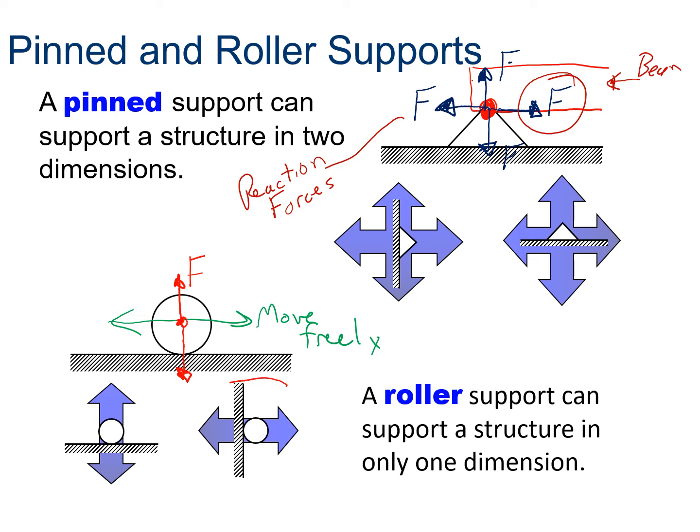But if it's placed against the wall, then the two forces that can be applied are to the right or the left. Essentially, the forces are perpendicular to the surface. So that's an important thing to consider as we go forward.